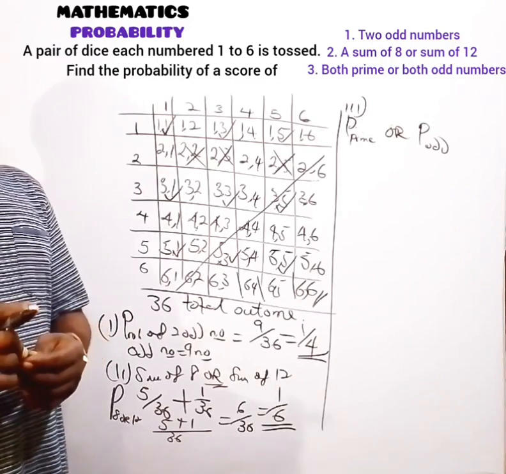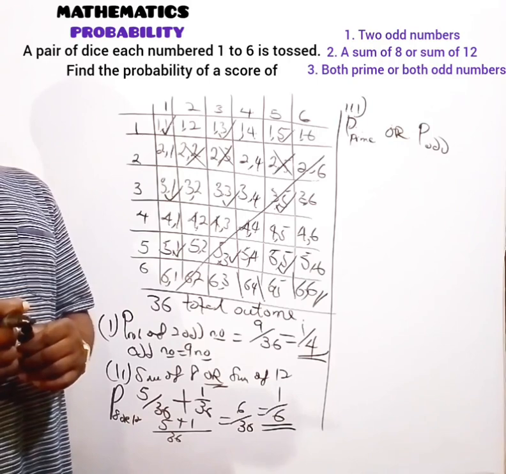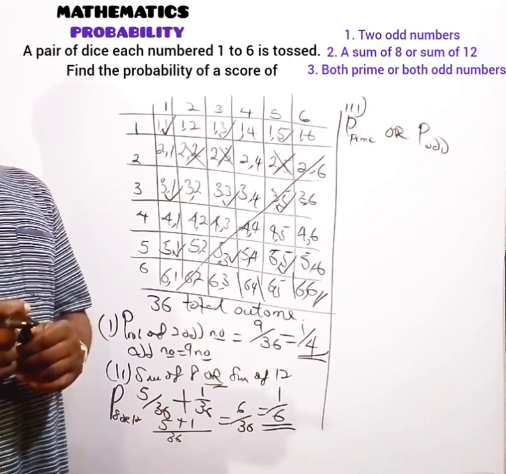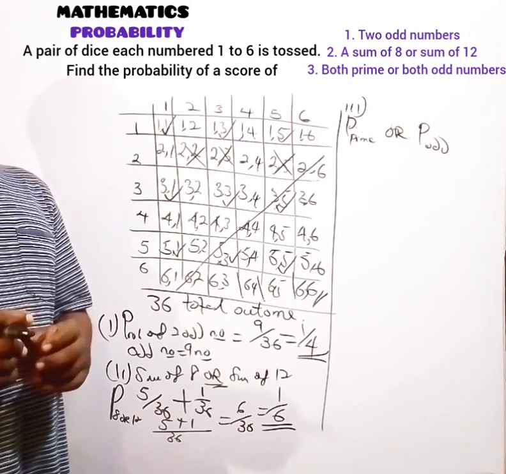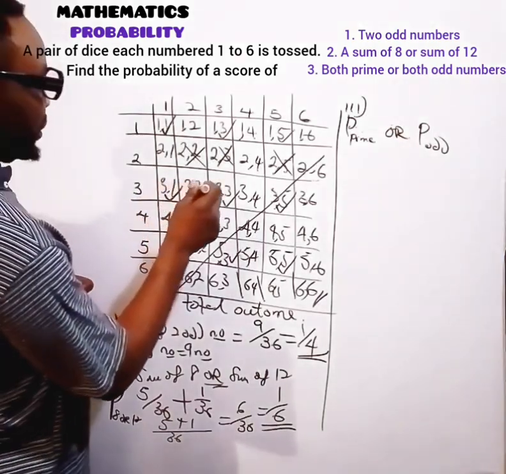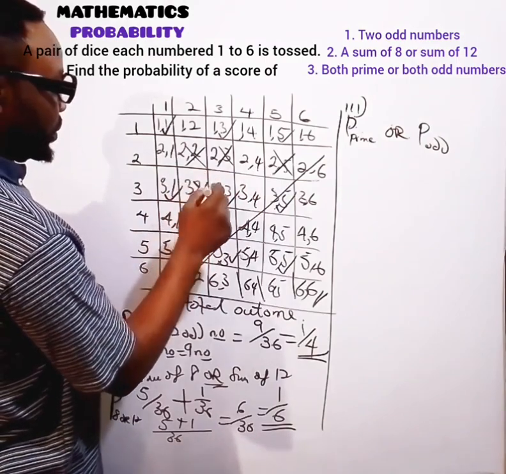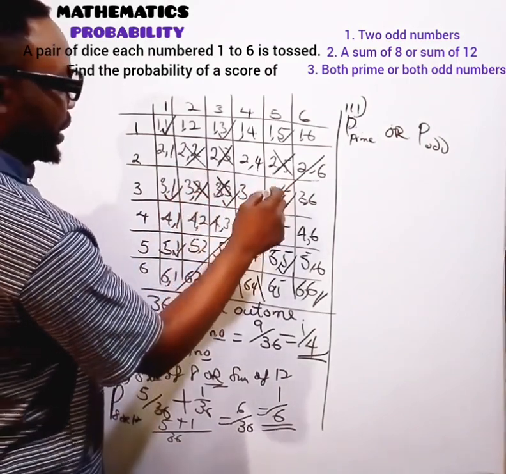Numbers that have two possible divisors, which is what? 1 and itself. So you cannot even mention 9 as a prime number. So we also have 3, 2, 3, 3, 3, 5.